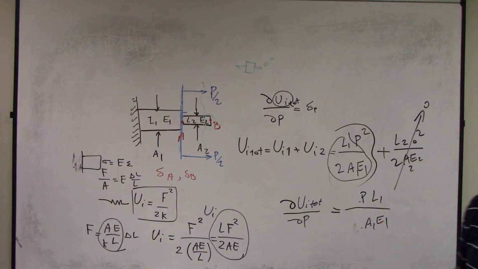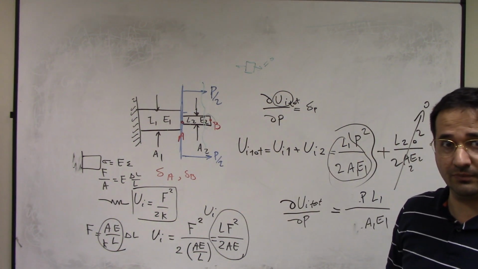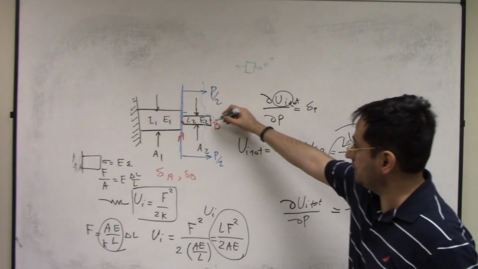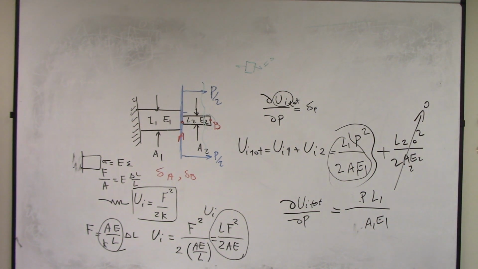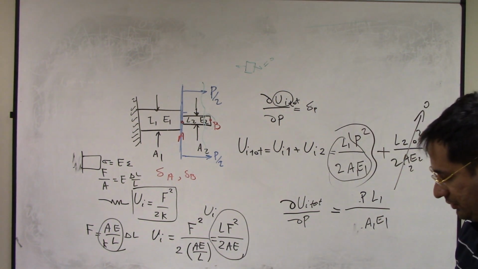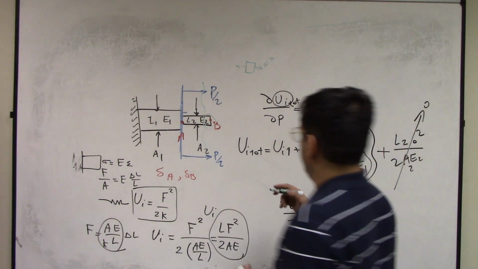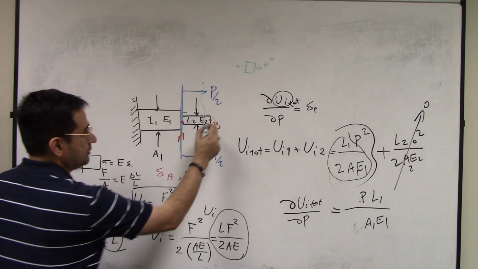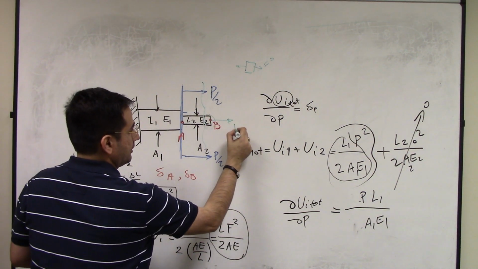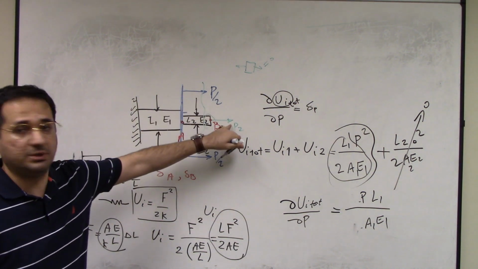Now the question is, find the deflection at point B. So again, in order to find the deflection at point B, you can put a force like P2. This is not P, P2.